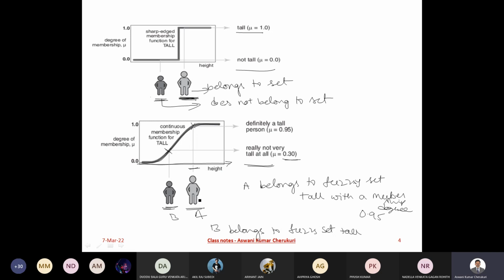Whereas when you introduce fuzzy logic, which is rooted in fuzzy set theory, it gives you flexibility. You can map an individual to a fuzzy set with a particular membership degree like 0.95. Similarly, you can map another individual whose height is, say, 140 centimeters. He still belongs to the fuzzy set tall, but probably with a lesser membership degree, say 0.3.